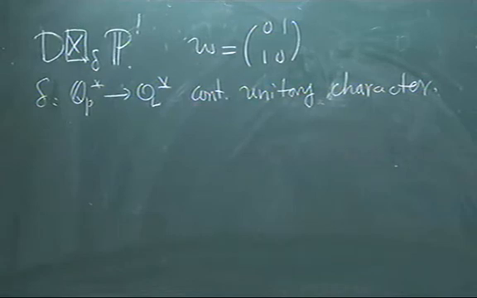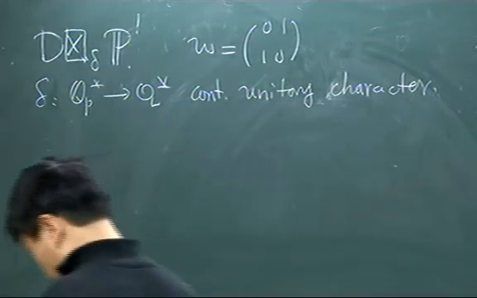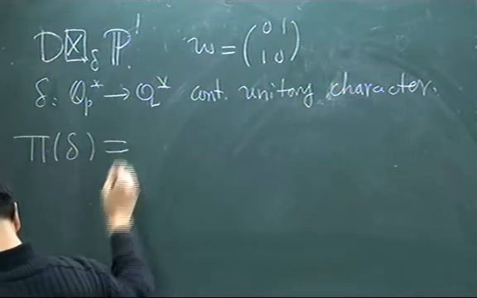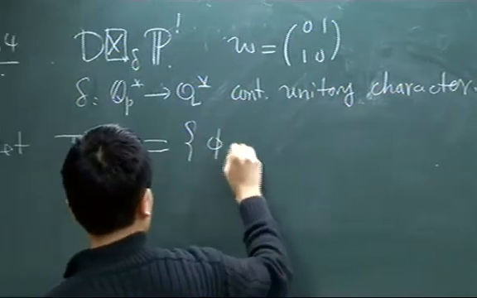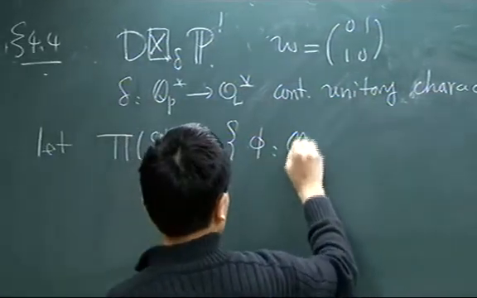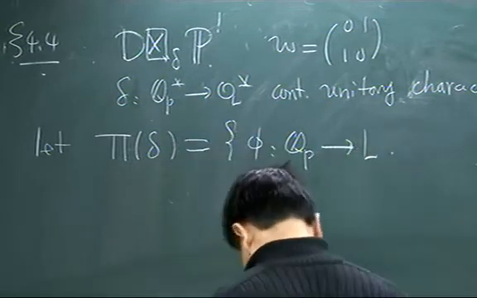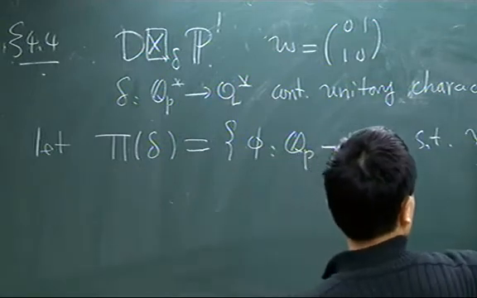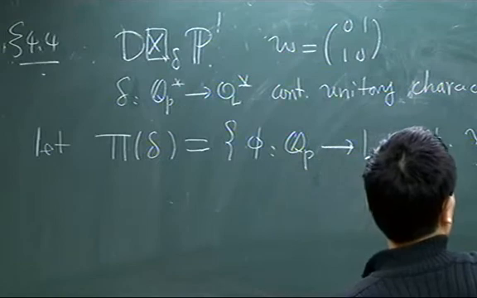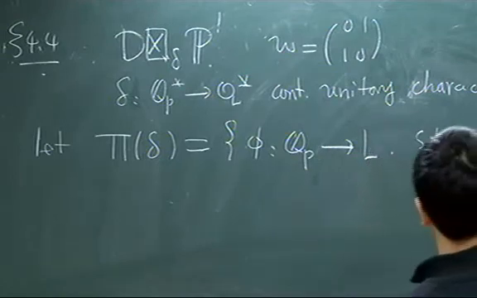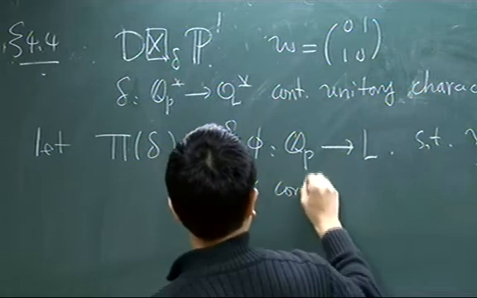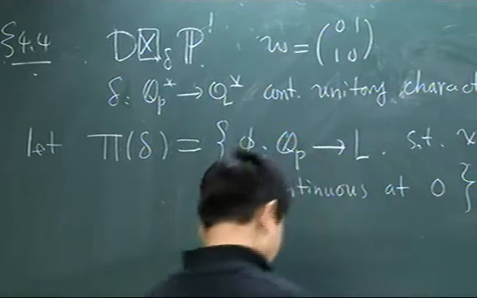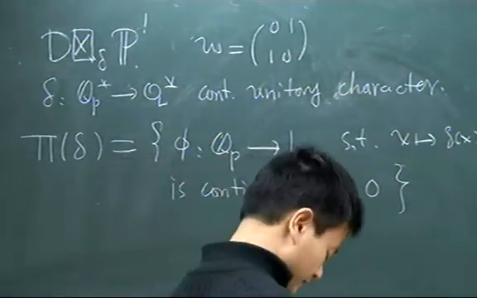So first let's look at the measure case. We let pi delta be just all the functions from Q_P to L such that x goes to delta(x) phi(1/x) is continuous at 0. So all these functions, continuous functions.